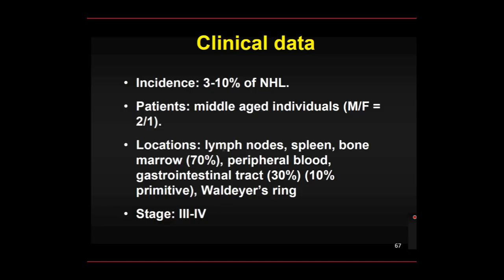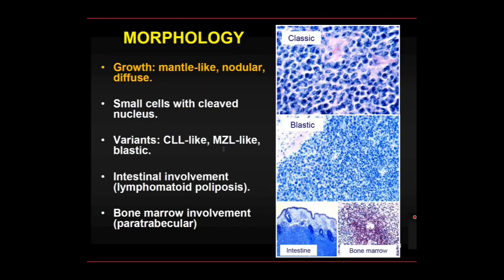Waldeyer ring also can be affected. Concerning morphology, we can have different growth patterns. We can have what we call mantle-like, which means that the mantle zones are enlarged, just surrounding the germinal center.